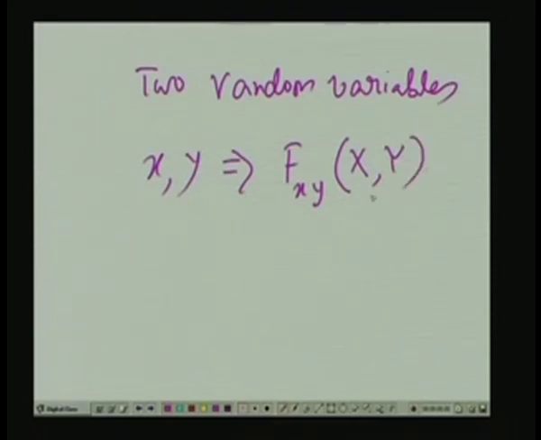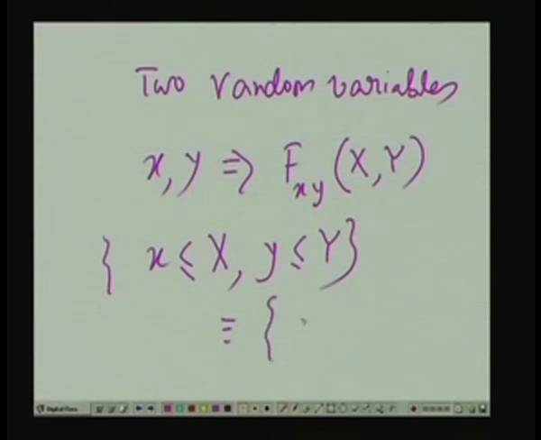Now, what does it mean? Let us give a definition. We consider the event: the random variable x taking a value less than or equal to some given number capital X, and y taking a value less than or equal to some given number capital Y. This actually means this pair is taking value from a particular region D in the xy plane. What is that region?